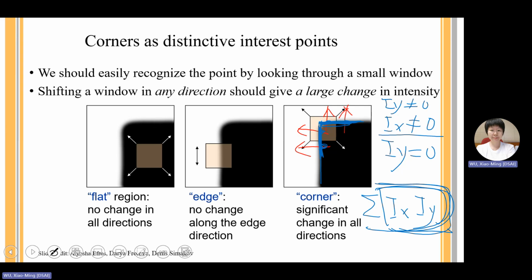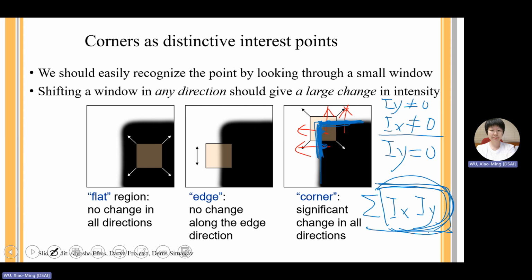So for those edge pixels, either ix will be 0 or iy will be 0.